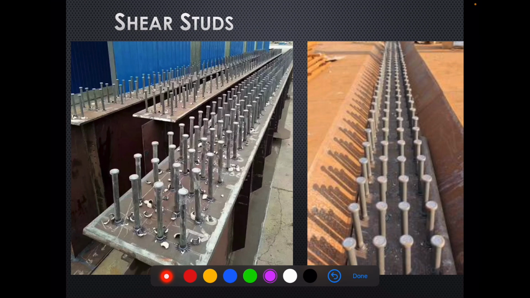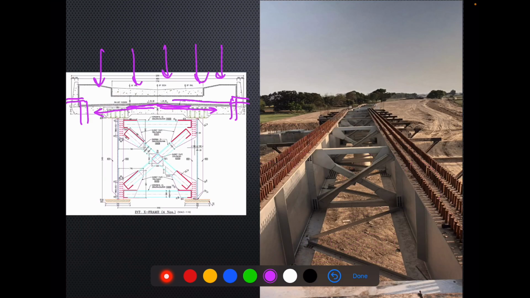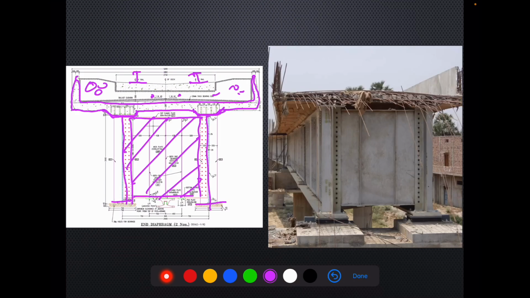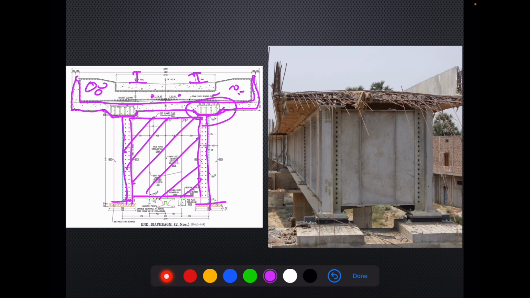The calculations are done for how many lines of these shear studs are required to transfer the loads correctly, and to achieve the haunch as seen here. So here you have seen that there is a haunch kind of arrangement.